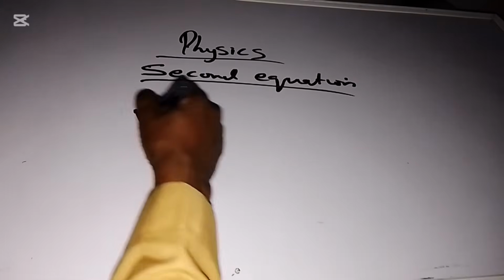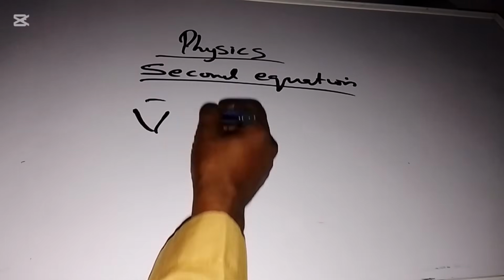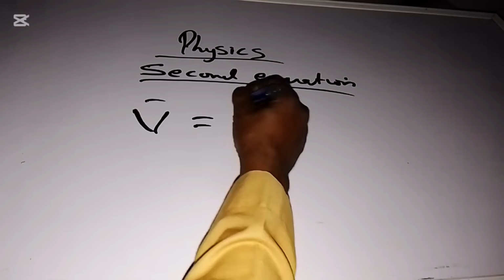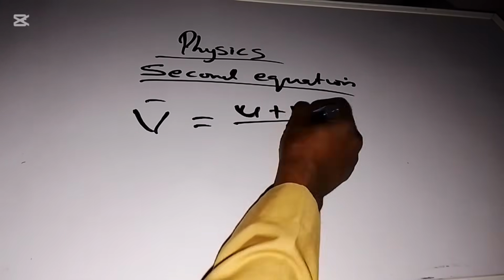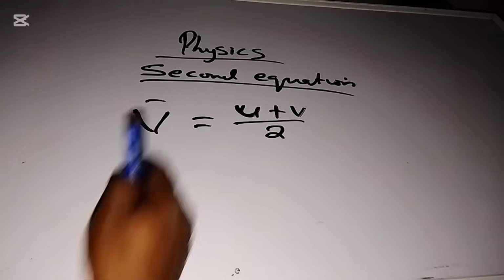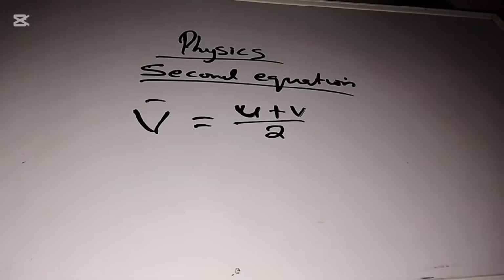Now for the second equation, under uniform acceleration, average velocity, let's call it v bar, is given as u plus v all over 2. So I use this to denote average velocity, okay?